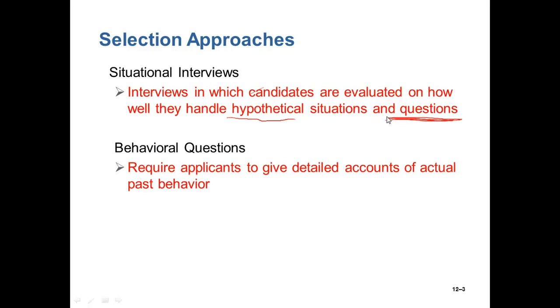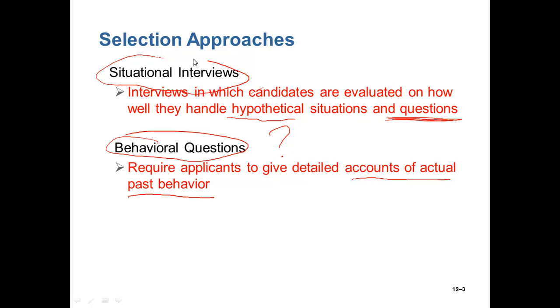A behavioral question asks them to give accounts of actual past behavior. So tell me the last time you saw a conflict between two people. What did you do? And the real question I'll throw out to you is, which one is going to get more truthful answers, behavioral or situational questions? If you said behavioral, you are correct.